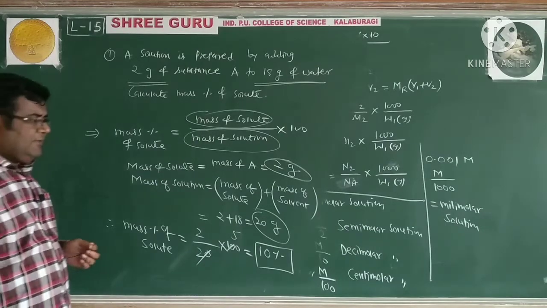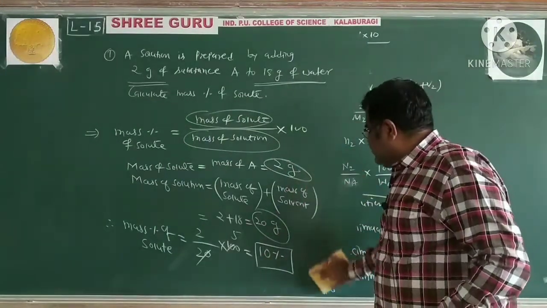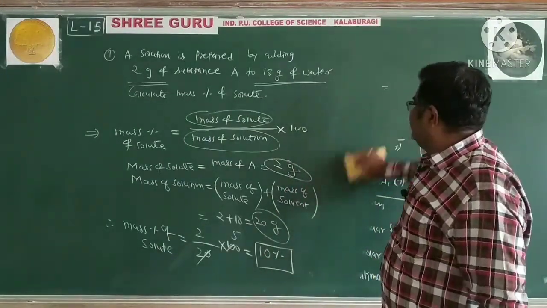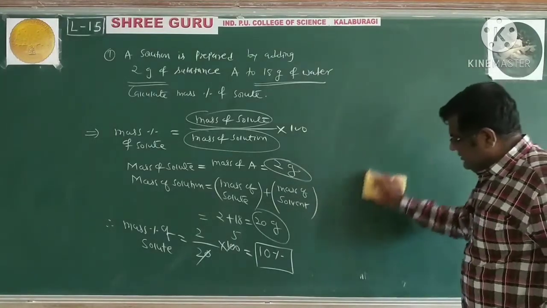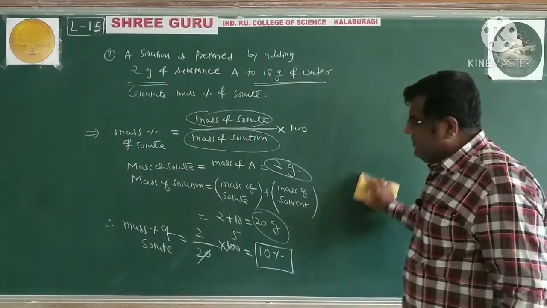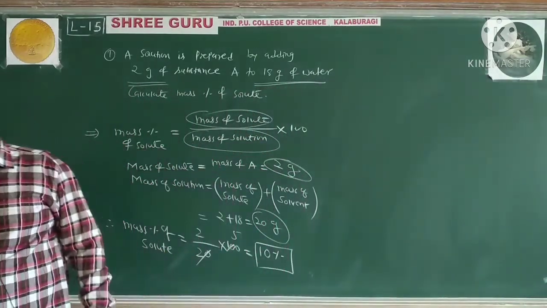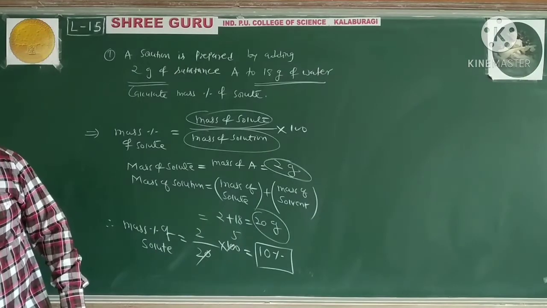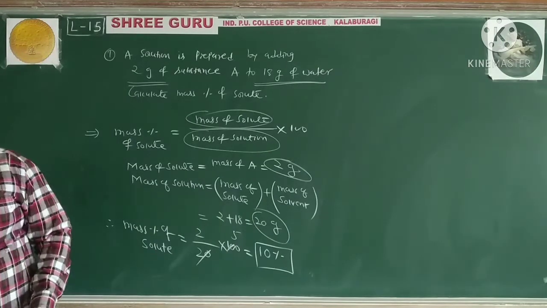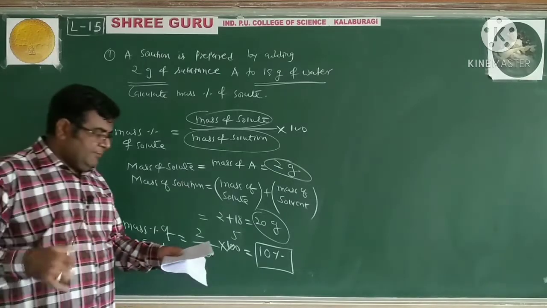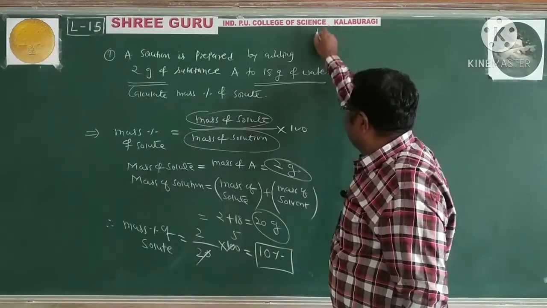The solute is to be identified: that which is present in small amount is solute and the large amount is solvent, and mass of solution is mass of solute plus mass of solvent. See the next one. This is for molarity. Calculate the molarity of sodium hydroxide.